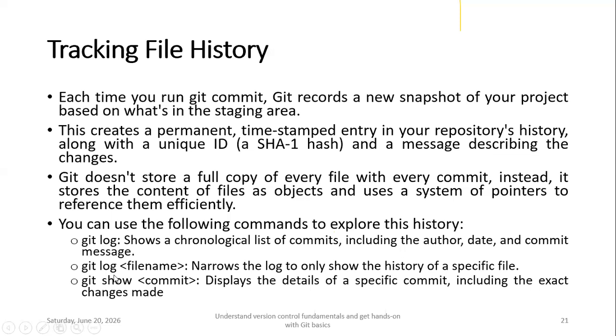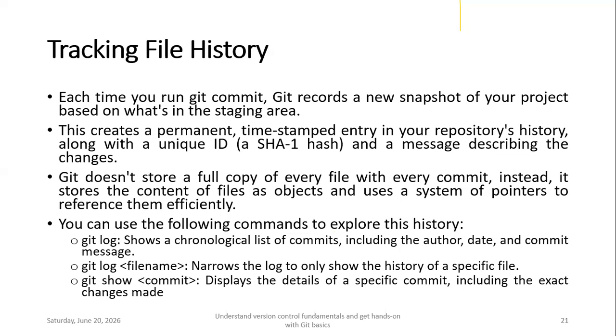Before that, when you run git commit, Git doesn't store a full copy of every file, because that would take a lot of space on your hard disk. Instead, it stores the content of files as objects and uses a system of pointers to reference them efficiently.